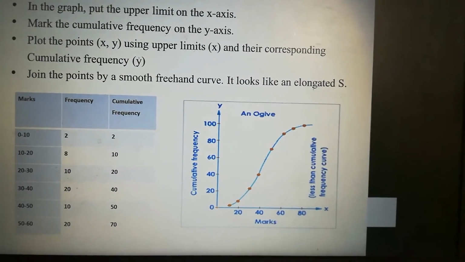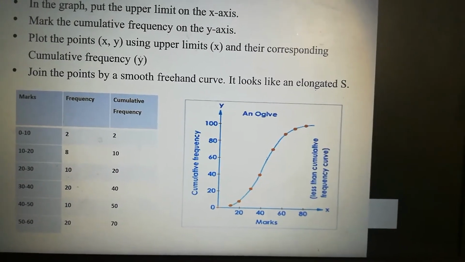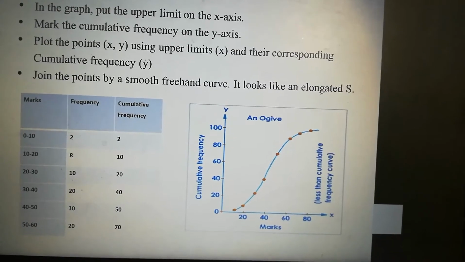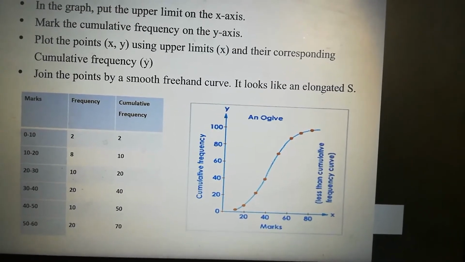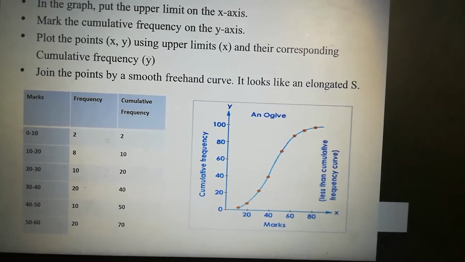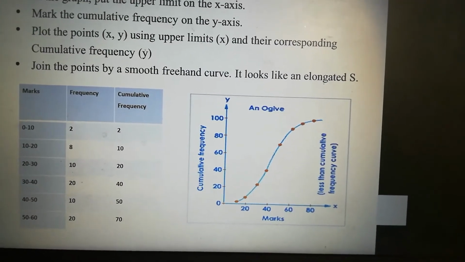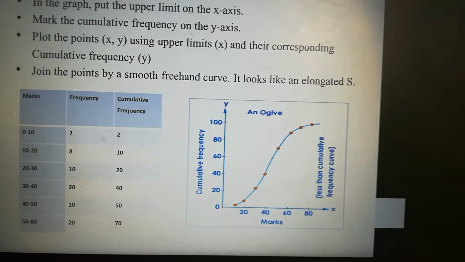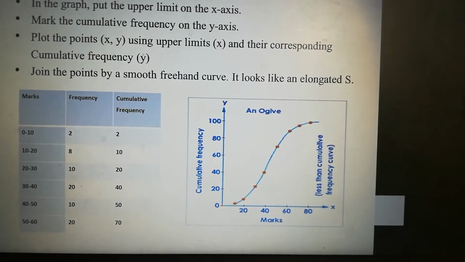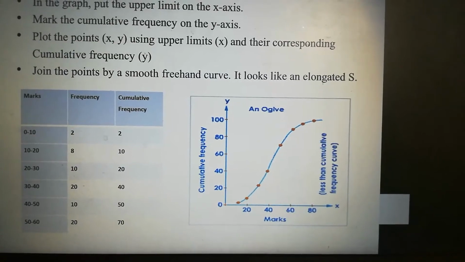We could see the x-axis goes 10, 20, 30, 40 like that. Here the difference is 20 in between, it goes 20, 40, 60, 80, no problem. And the cumulative frequencies go 20, 40, 60 up to 100.